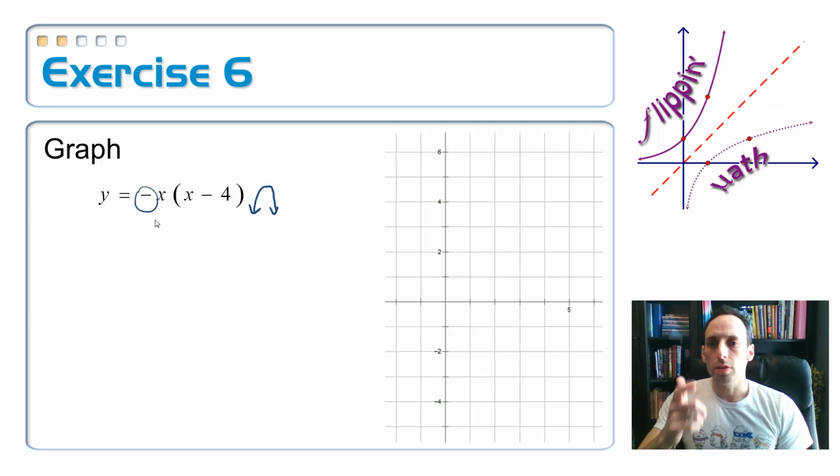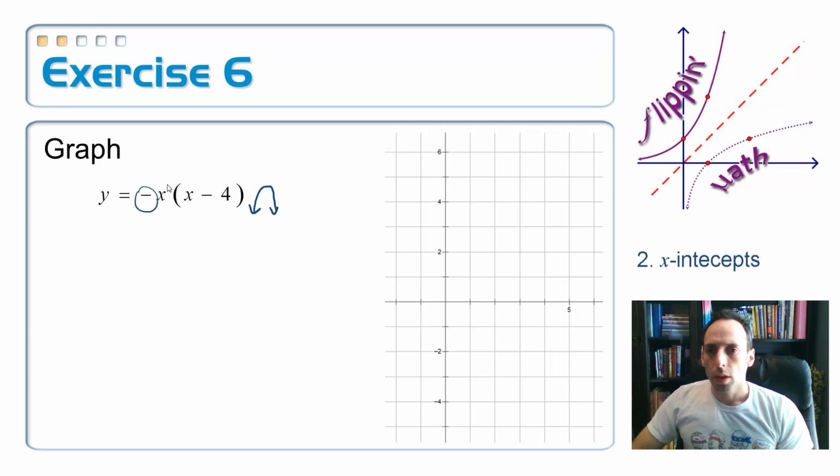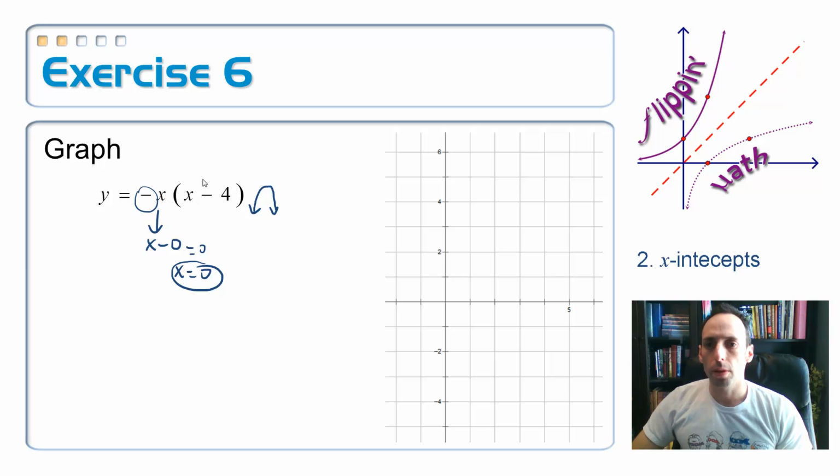Okay. Now, what did I need to do next? I need to find my two x-intercepts. So what do we do whenever this x is all by itself right there? Well, that's just like it was x minus 0 equals 0, and that just means x is equal to 0. So anytime you have this x all by itself, no plus or minus after it, that automatically means the origin is one of your x-intercepts.